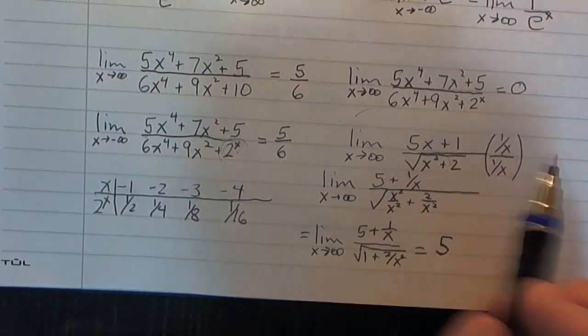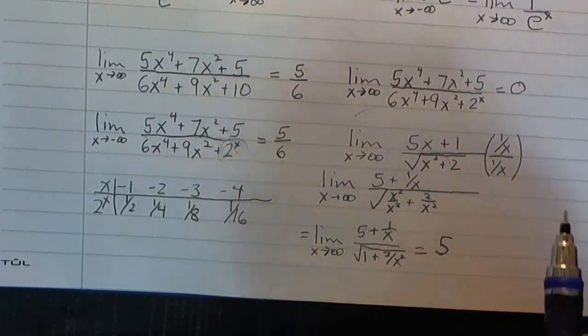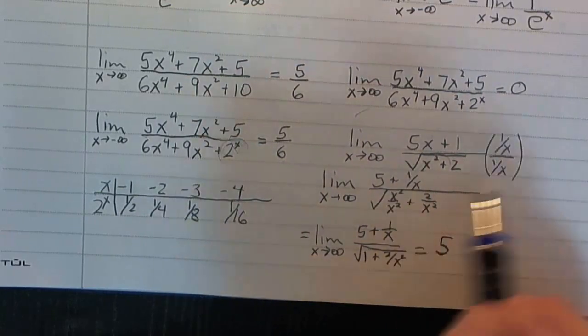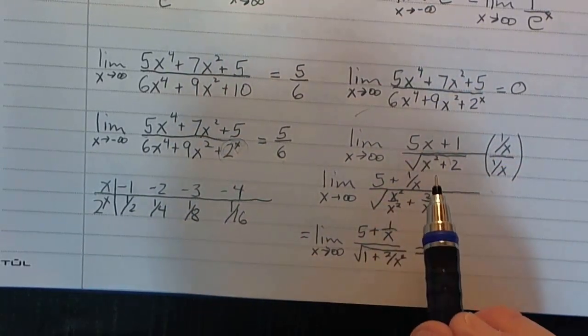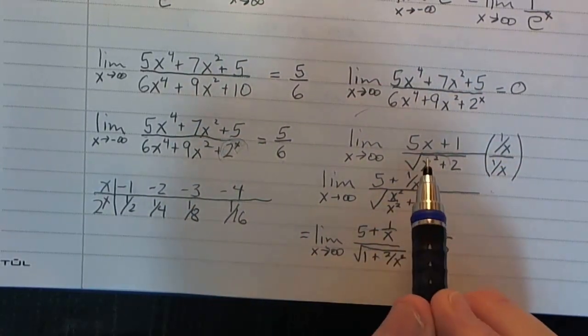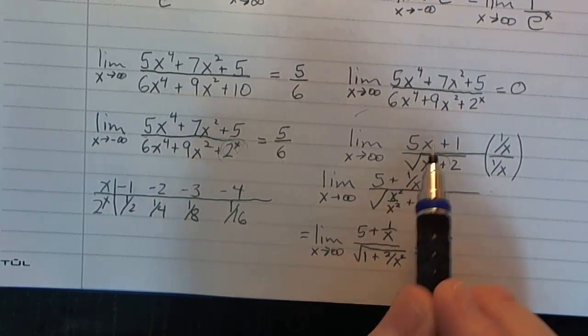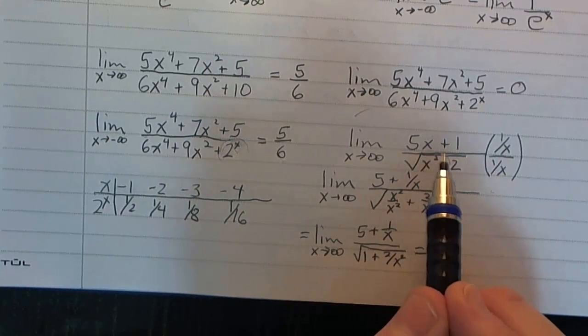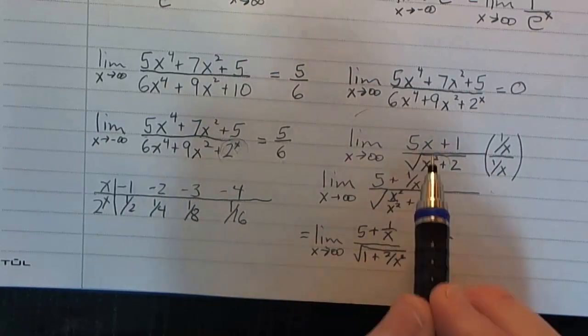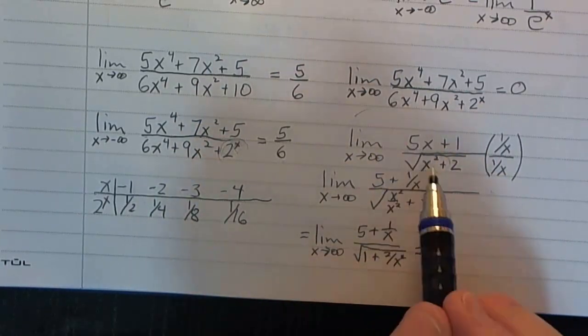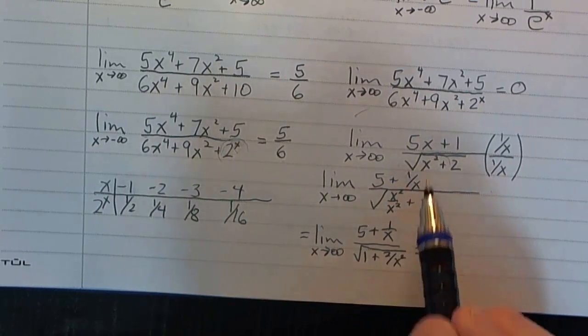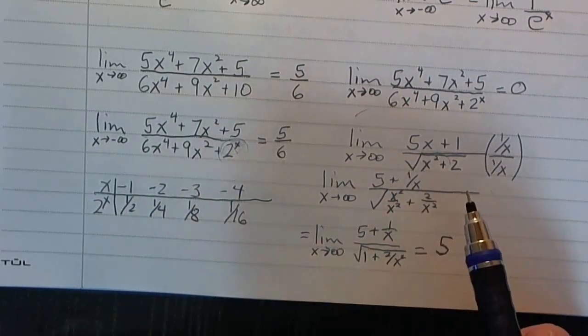So really you didn't have to go through all this process. You could kind of just ignore this square root in this case. You could say, as x gets larger and larger, what you really have here is 5x over x, which the ratio of the leading coefficients is 5.